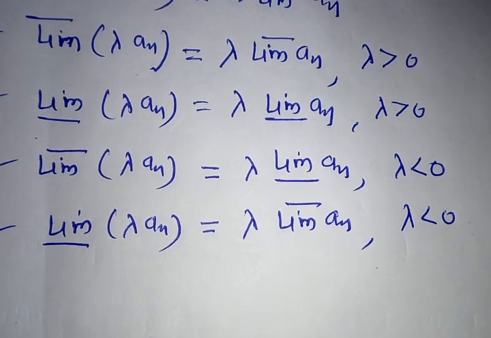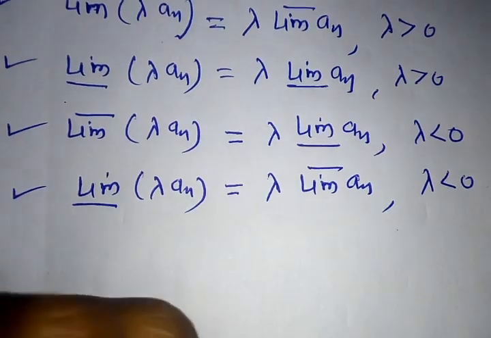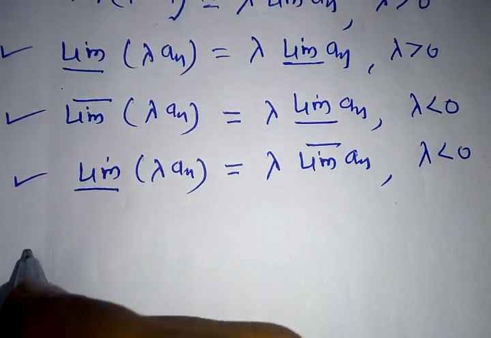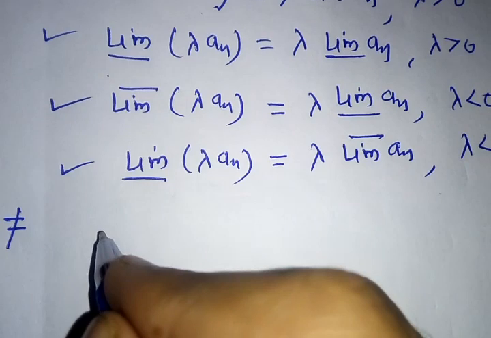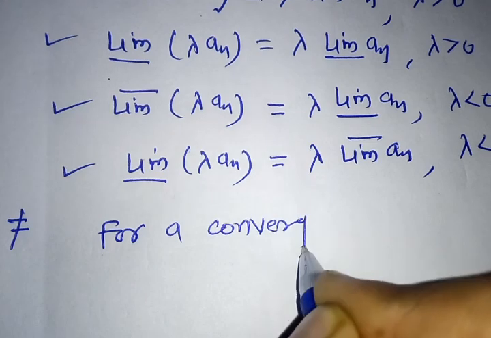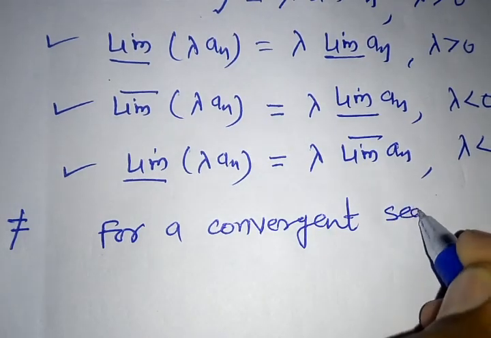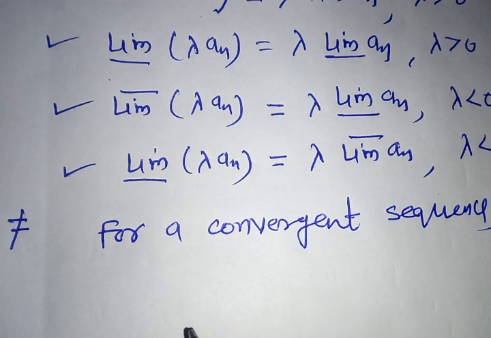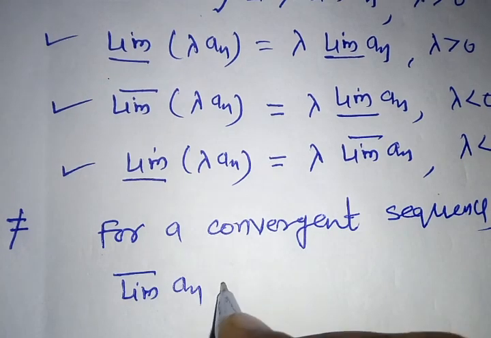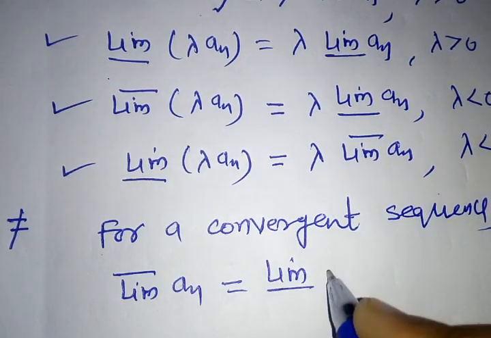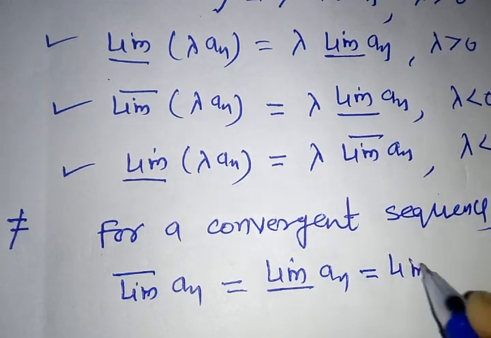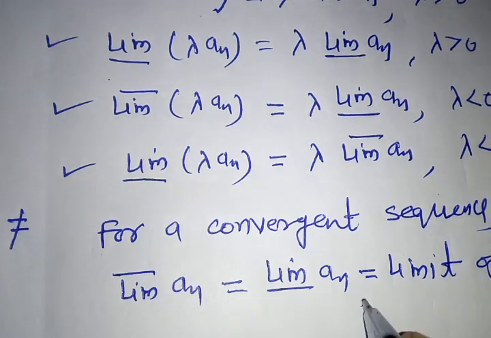Next result: for a convergent sequence, limit superior of an is equal to limit inferior of an, equal to the limit of the sequence.